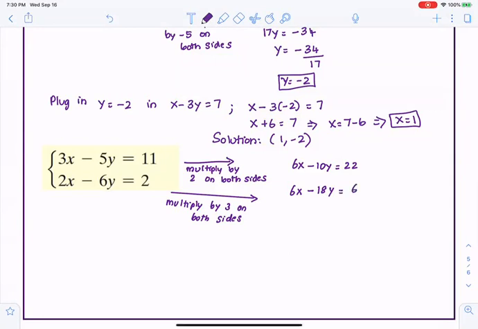And you have to keep in mind, we can't simply multiply by 2 or 3 on one side and not do it on the other.